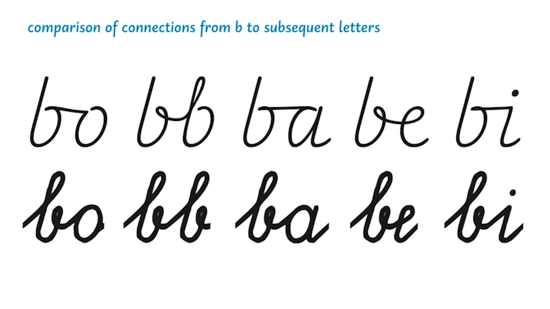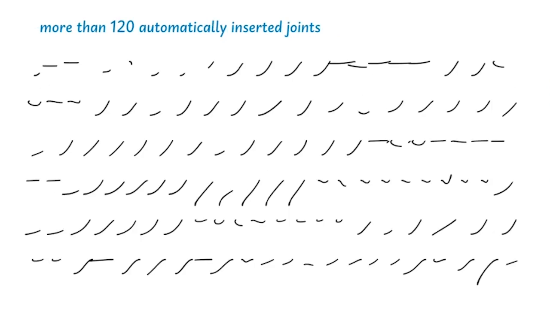Now, through this approach, joining strategies that are hidden in conventional modular fonts are made explicit and more transparent. And we would argue that this allows pupils to learn by observation and imitation and to avoid the frustration of opaque letter connections that cannot really be written by hand. So far, more than 120 automatically inserted joints were designed to provide the malleability that we sought.